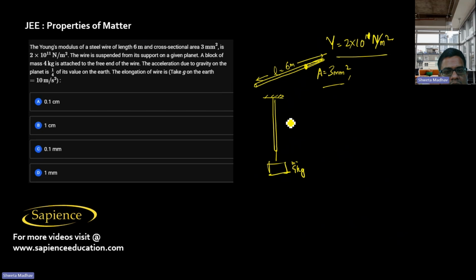Acceleration due to gravity on the planet, g dash, is 1/4 of its value on the Earth. The elongation of the wire, delta L, is how much? g is 10, so g dash will be 10 by 4, that is 2.5.